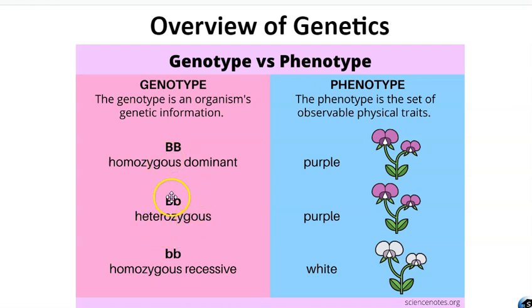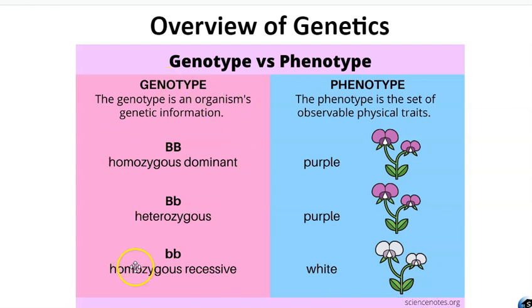Then we have one here that is heterozygous. It has one that is dominant and one that is recessive. And then this one here has two that are recessive. And that is translating into a phenotype where capital B is purple, capital B is purple, and then little b is white.